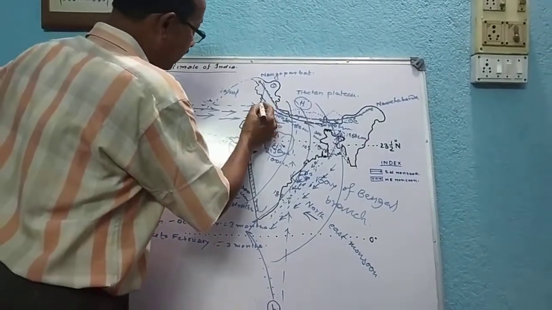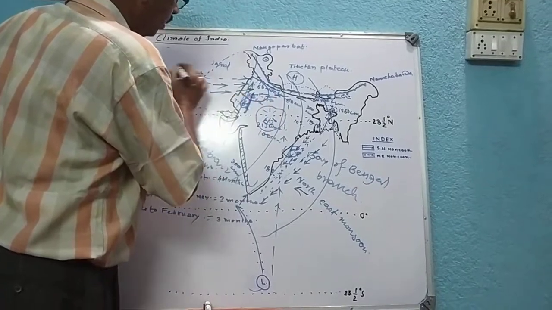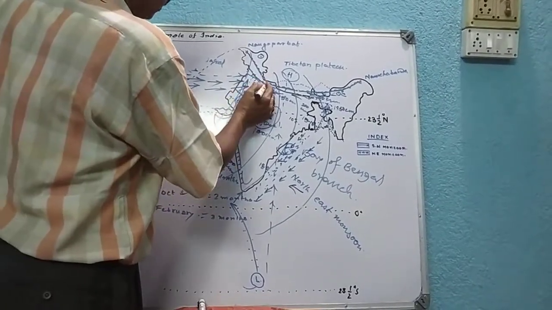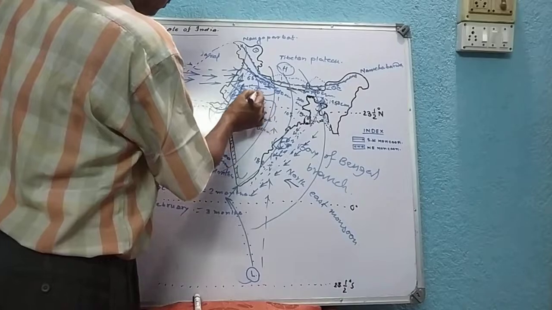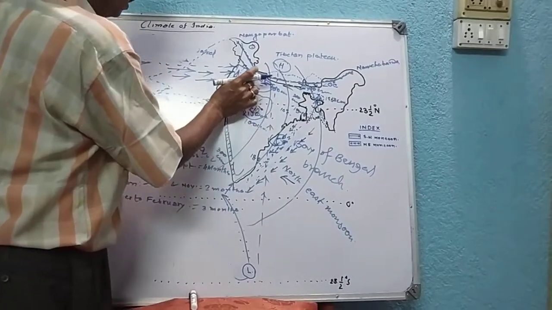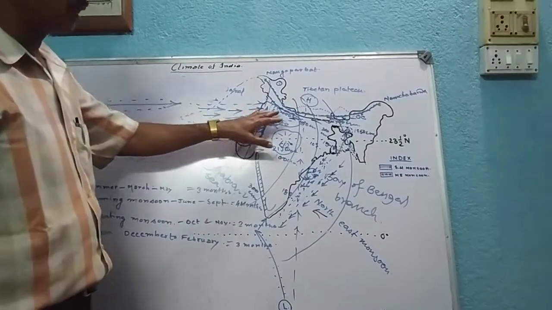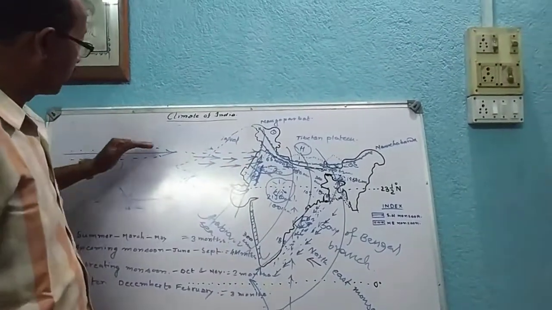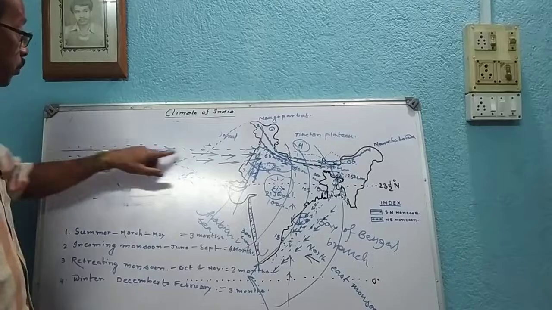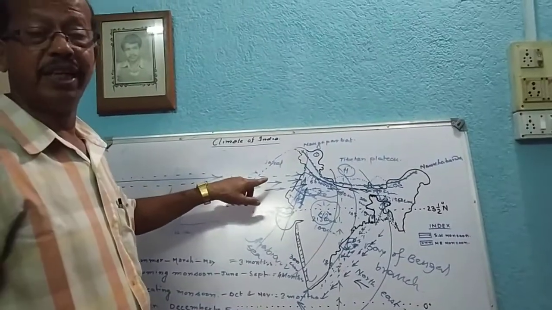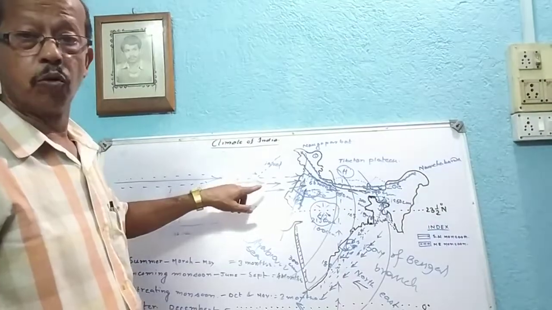So only this area which I want to mention, UP, Haryana and Punjab, receives a certain amount of rainfall due to this wind coming from the Mediterranean type of climatic zone.